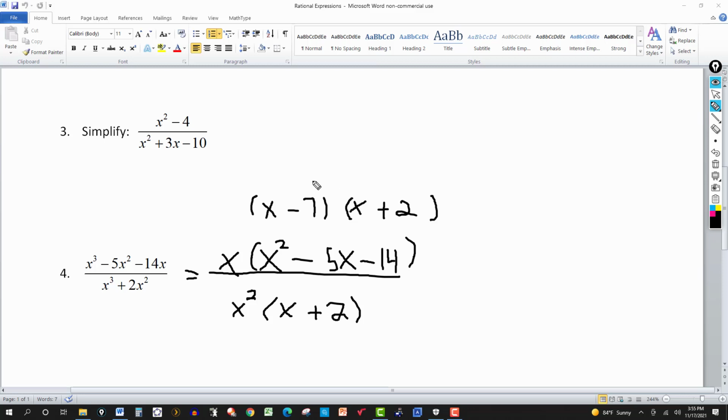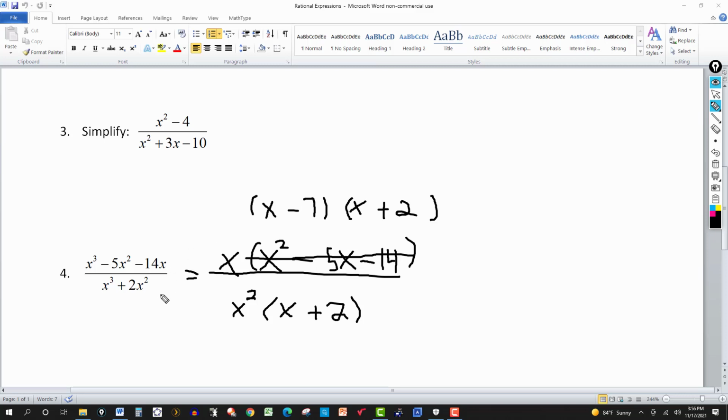Now the inner term here, product of the inner terms is a minus 7 times x, that's minus 7x, and on the outer term, 2 and x multiply, that's 2x. Minus 7x and 2x is a minus 5. This checks, so let me just mark this out. This x minus 7 and x plus 2 product replaces this.